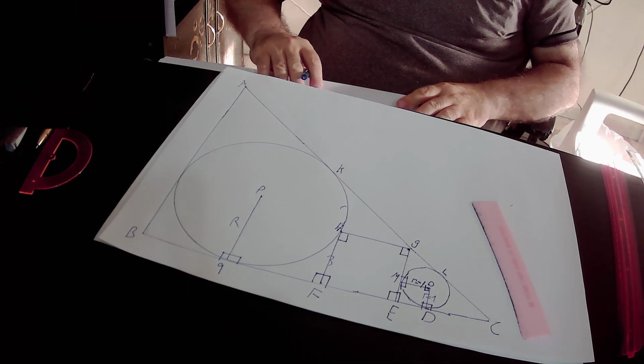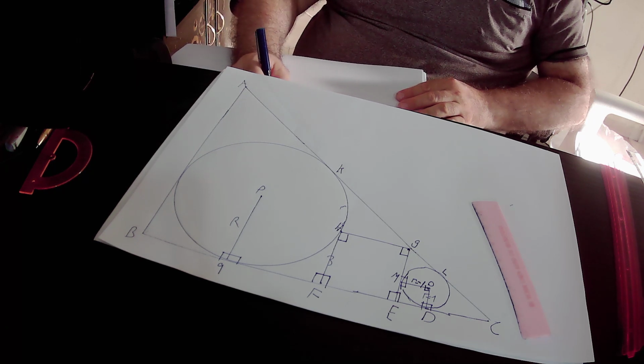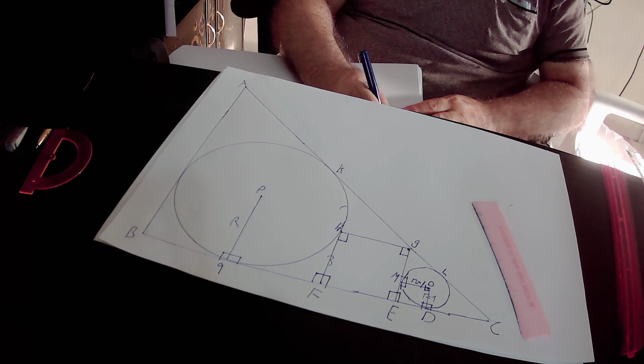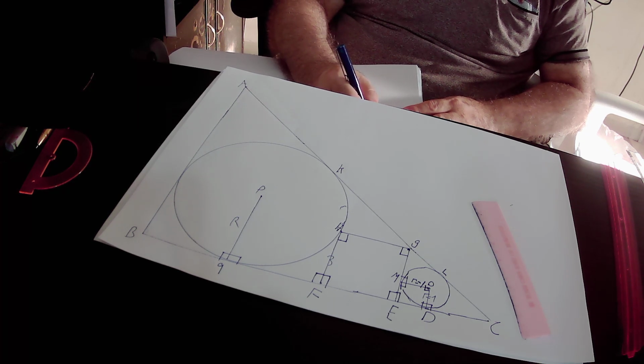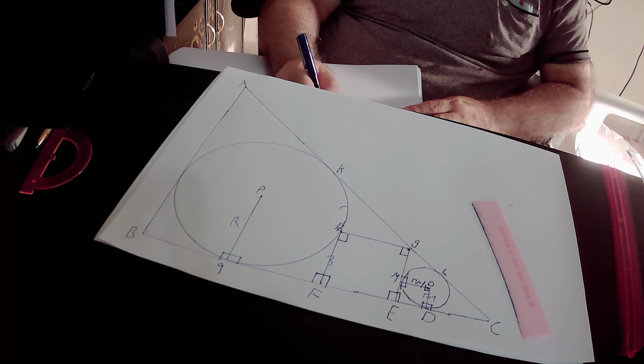And any quadrilateral that has 4 right angles must be at least a rectangle if not a square. So we will relate to quadrilateral OMED as a rectangle. Why? Because it has 4 right angles.